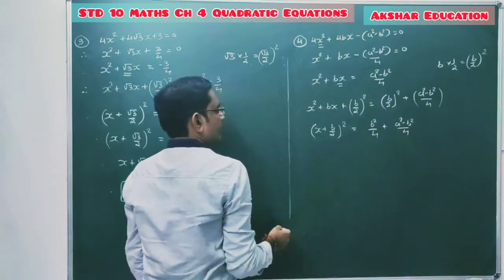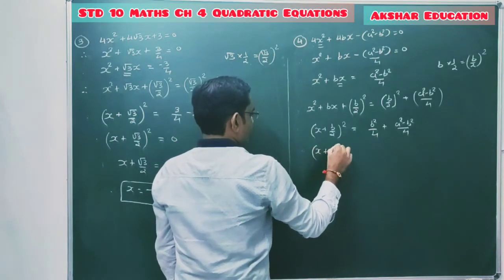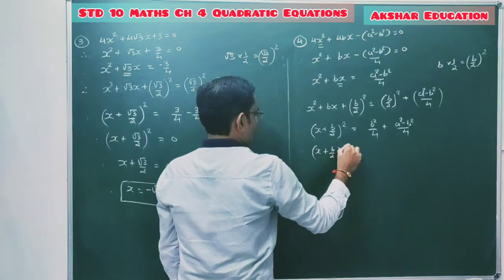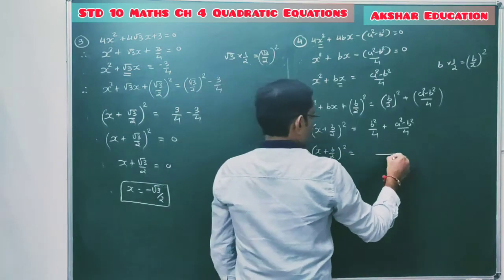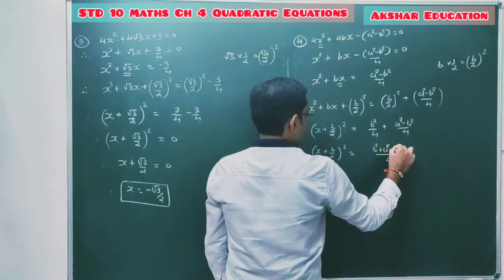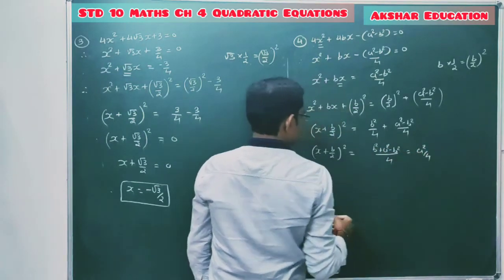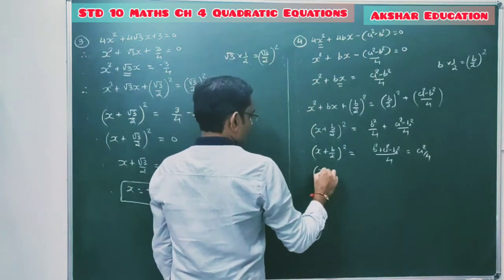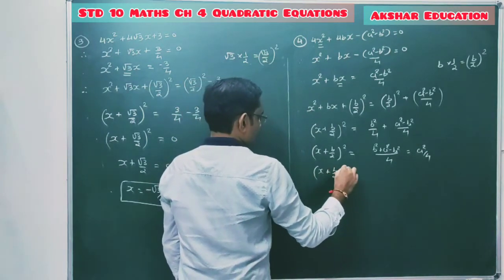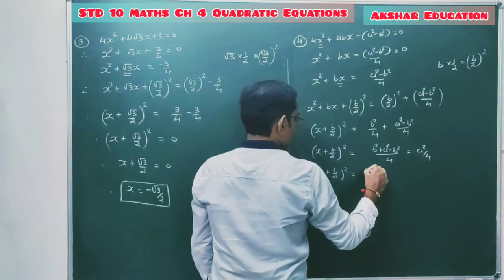So what is the simplification of this? You have to take 4 as LCM. Left side as it is, x plus b by 2 whole square equal to, now here 4 is LCM, so we are getting b square plus a square minus b square. So this is a square by 4. So x plus b by 2 whole square equal to a square by 4.